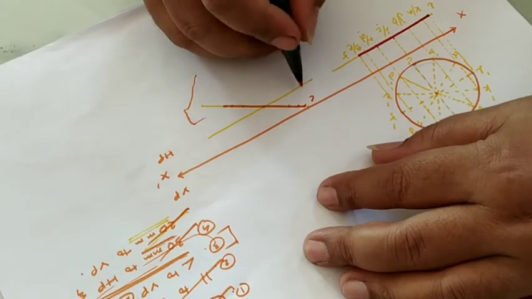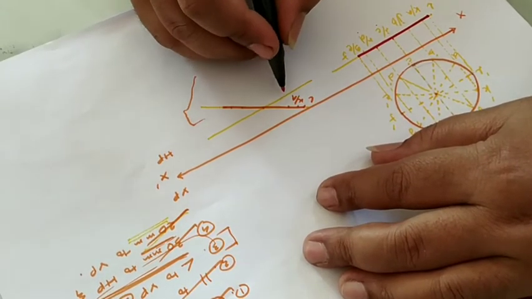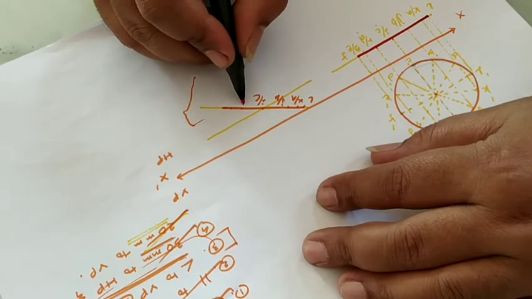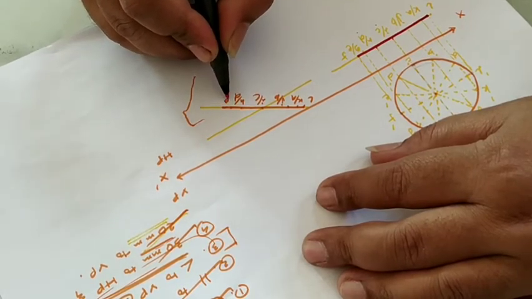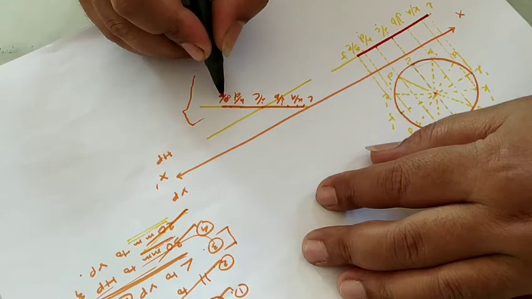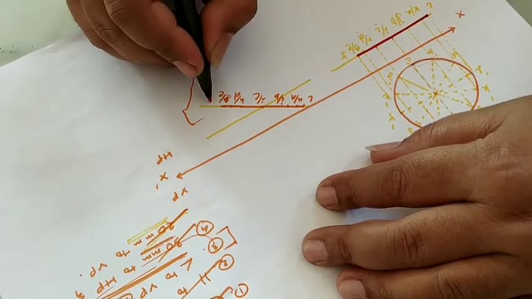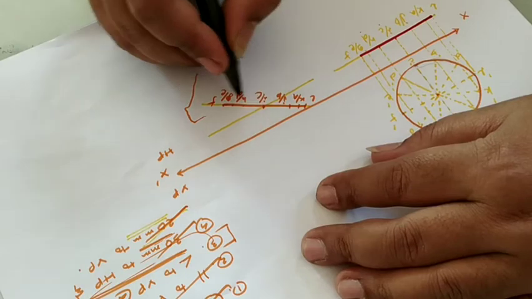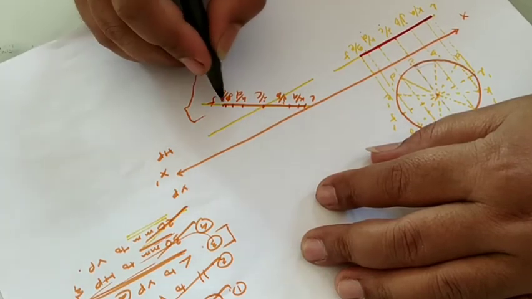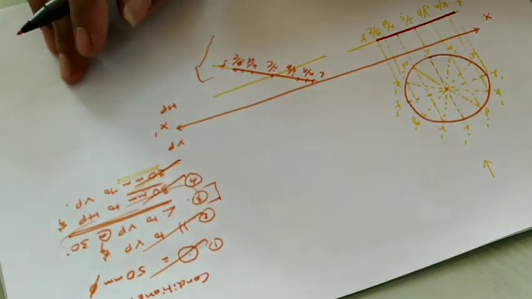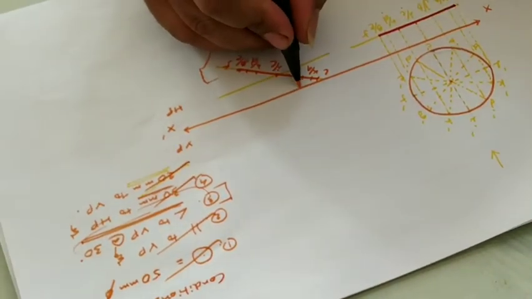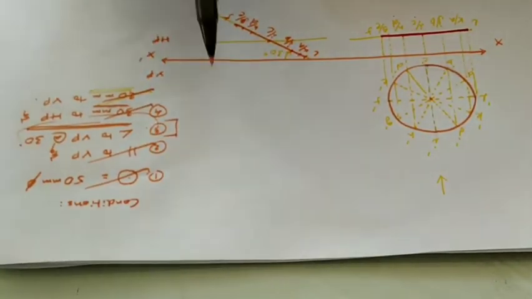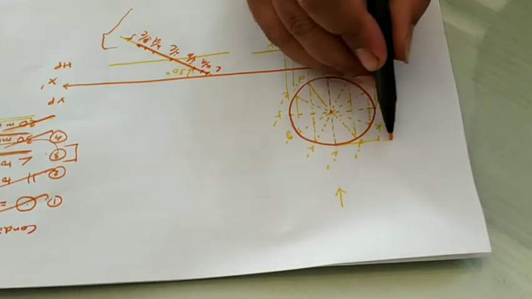This is L, this is K by A, then you have J by B, then you have I by C, then H by D, then G by E, and lastly you have this as F. So this line is basically inclined at 30 degrees to VP. Dia of the circle can be marked here.